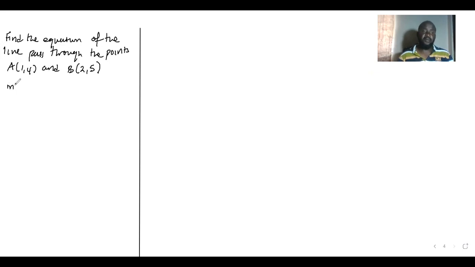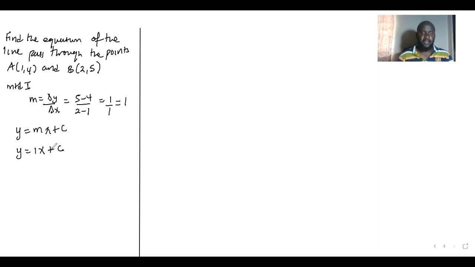So method 1, get m from change in y over change in x, which is going to be 5 minus 4 out of 2 minus 1. And this will give me 1 out of 1, and the answer is 1. Now, method 1 we have said is got from y is equal to mx plus c. So y is equal to 1 times x plus c. Find the intercept by choosing any point.